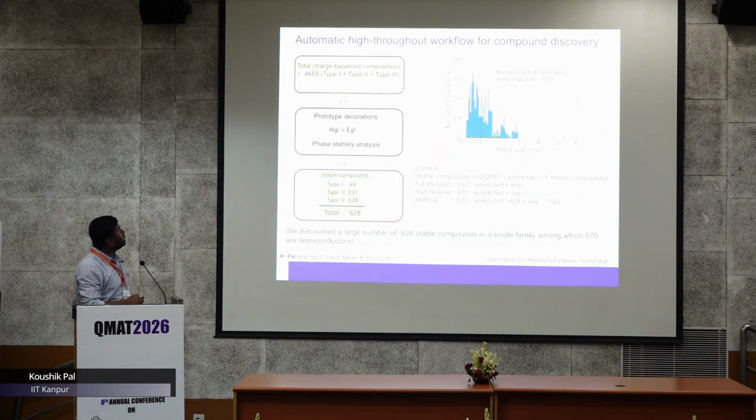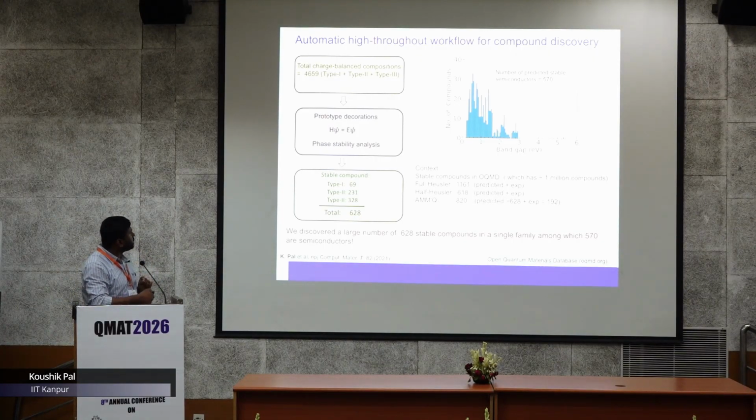After generating new compounds, we got about 5,000 new compounds, and then we performed their DFT calculations and phase stability analysis, and after all of this, it gave us about 600 new compounds. Now this number is really significant, because if you look at existing databases and already known compounds that people often talk about, for example Heuslers or perovskites, the number of known stable Heuslers or perovskites is actually low.